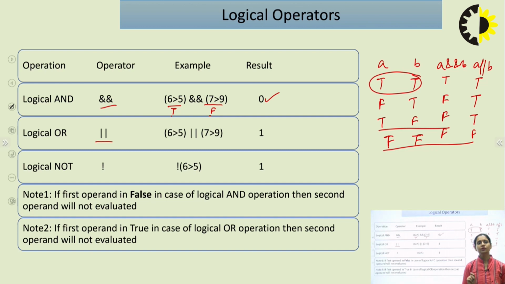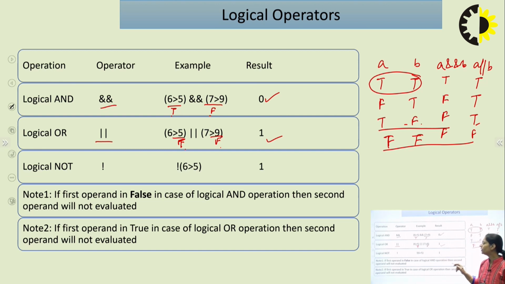It would be false only when both the conditions are false. 6 greater than 5 is true, 7 greater than 9 is false. So true or false will return the value as true. That is why the result would be 1.